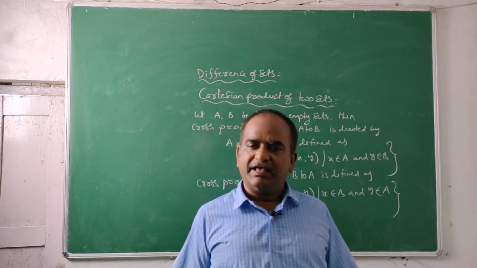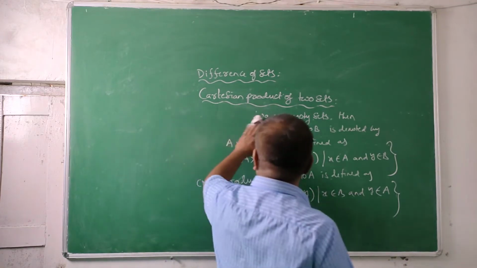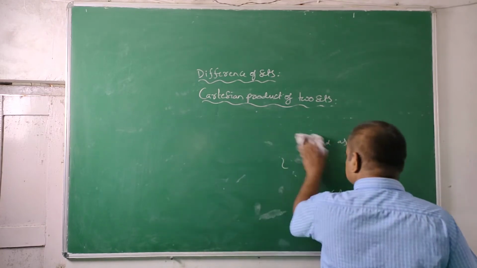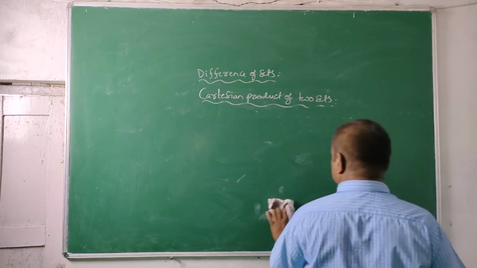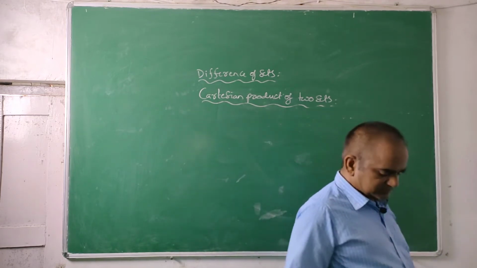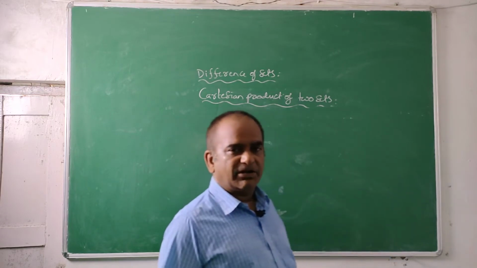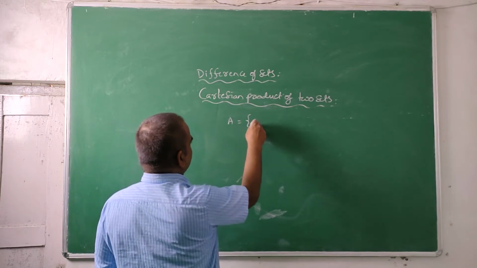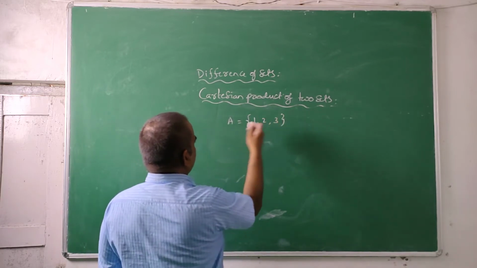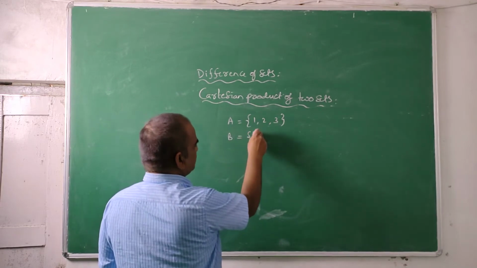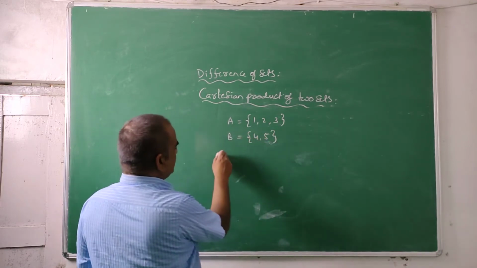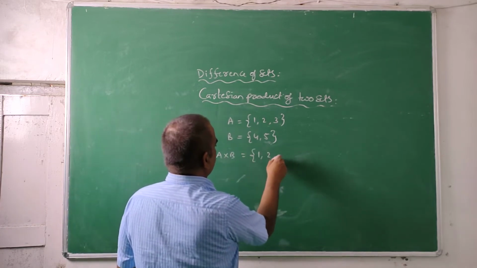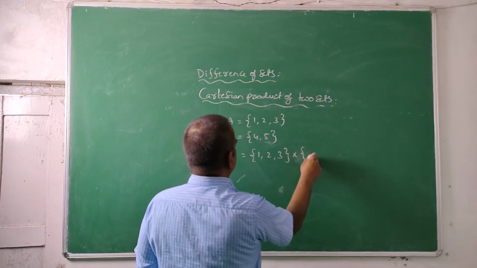Now, let us see an example. Suppose A is equal to {1, 2, 3} and say B is equal to {4, 5}. Now let us find out A cross B and B cross A. A cross B is equal to {1, 2, 3} cross {4, 5}.